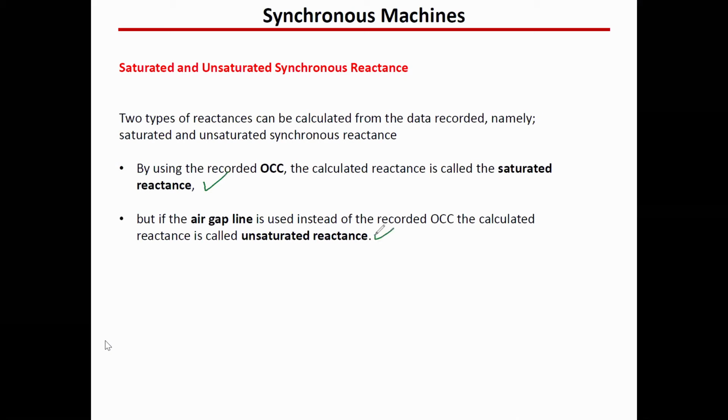So the reactance will be different if we assume the theoretical curve, the air gap line, or if we assume the more practical curve, which is the magnetization curve, or the OCC. And of course, you know the meaning of saturated. Saturated means that we include the saturation in the calculation, which is more practical. Unsaturated means that we are not including this in our calculation.